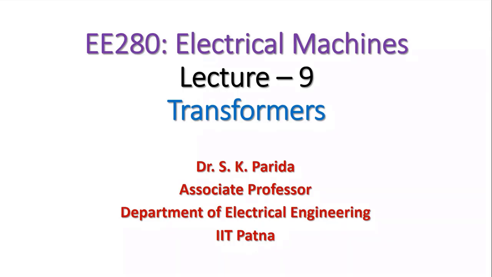Or sometimes we call it iron loss. And we know the magnetic loss has two components: one is eddy current loss and the other is hysteresis loss. So later in this lecture we'll discuss how we can consider those losses in a practical transformer and find out the equivalent circuit.